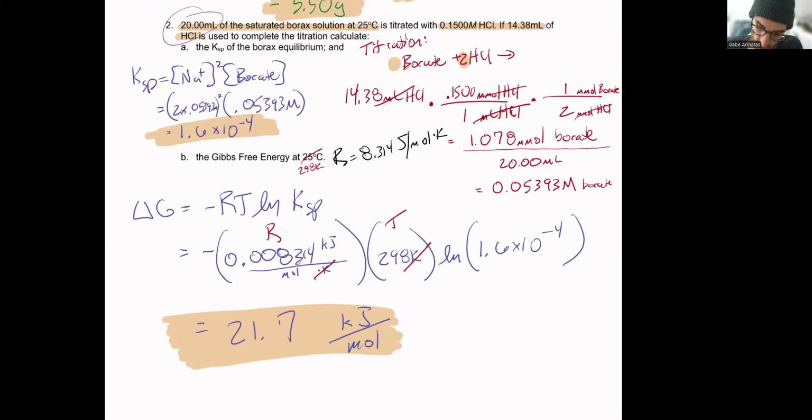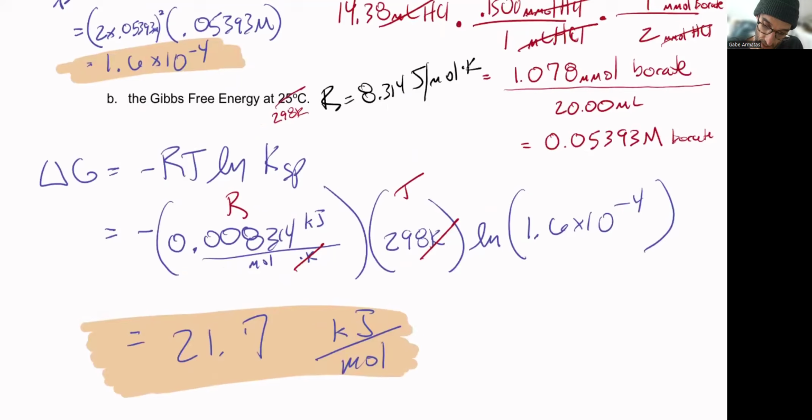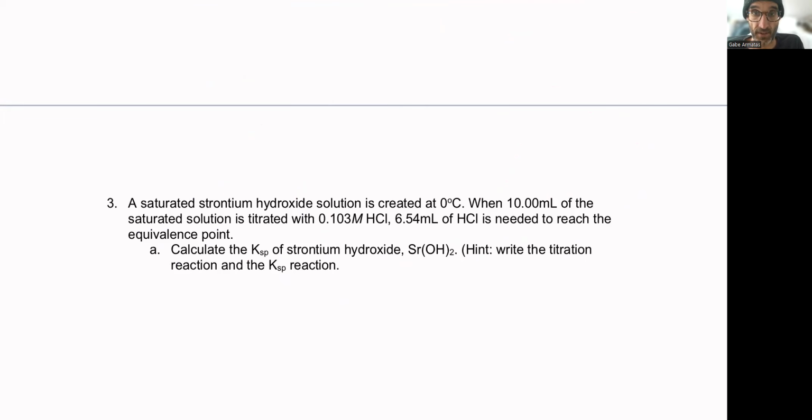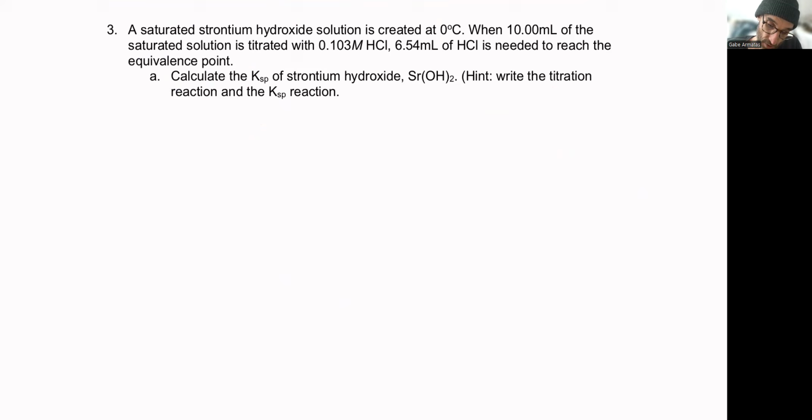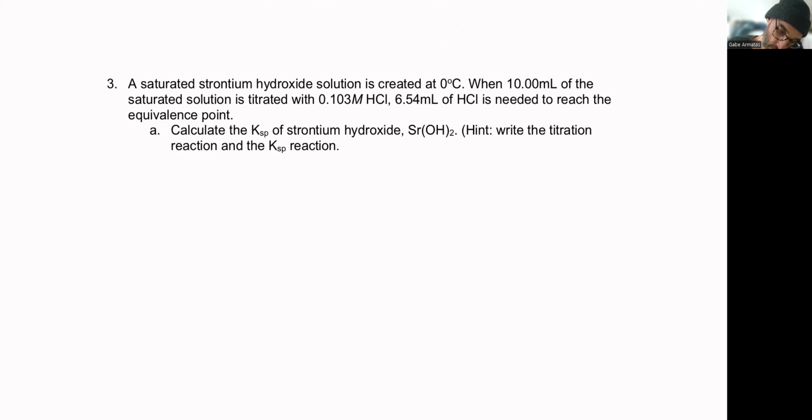All right, so now we have a new scenario. Okay, so this is not based on lab stuff. This is a new saturated solution of strontium hydroxide. Strontium hydroxide, Sr is 2 plus, so I need two hydroxides. Strontium hydroxide is created at 0 degrees Celsius, okay, when 10 mils of the saturated solution is titrated with 6.54 mils of 0.1 molar HCl.